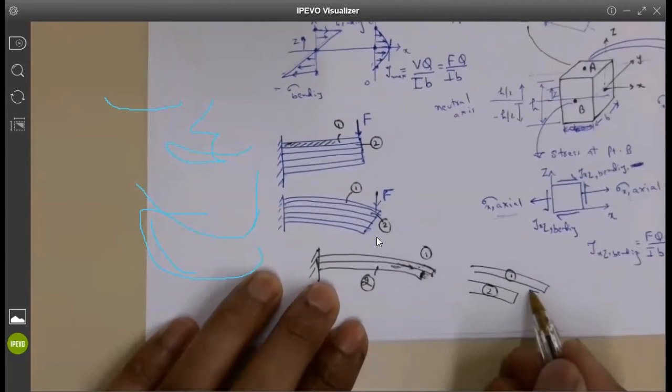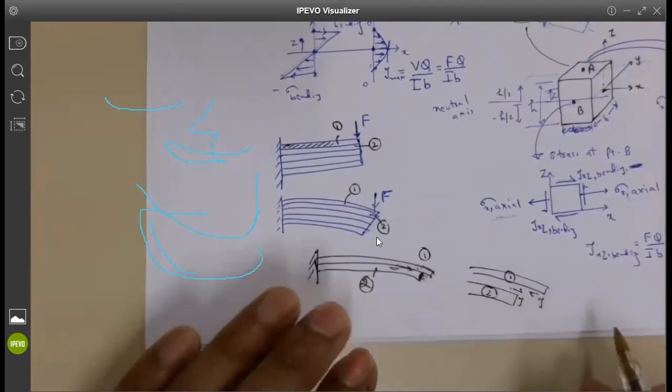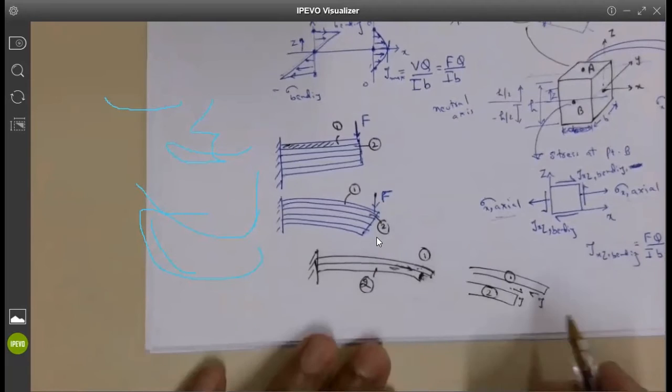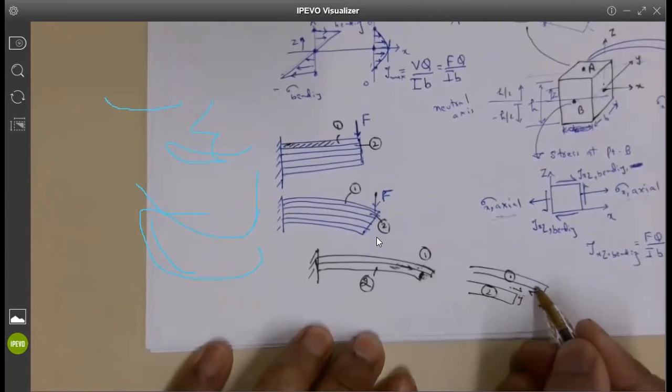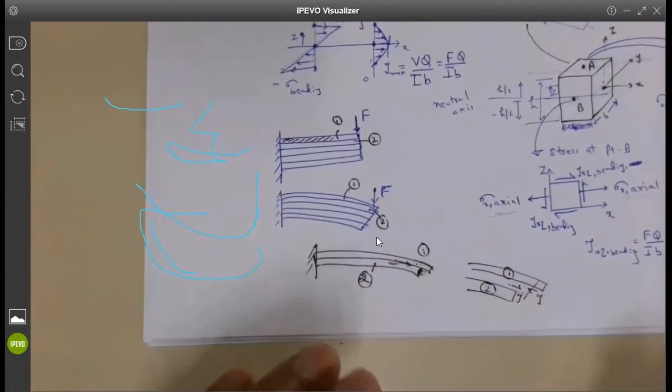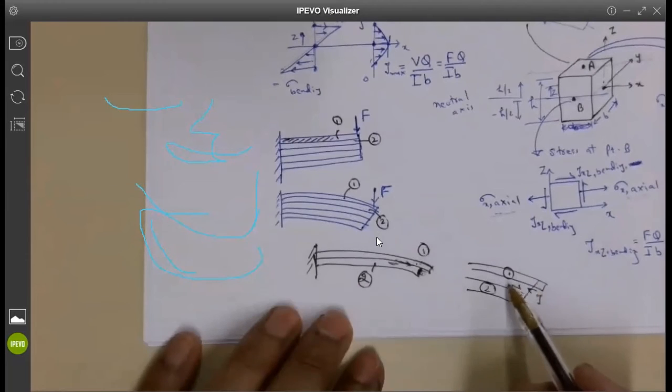Number 1 strip will feel a shear stress like this, and number 2 strip will feel a shear stress like this, because they want to basically move at the same place. So eventually they will be together, with some sort of shear happening between these two layers.